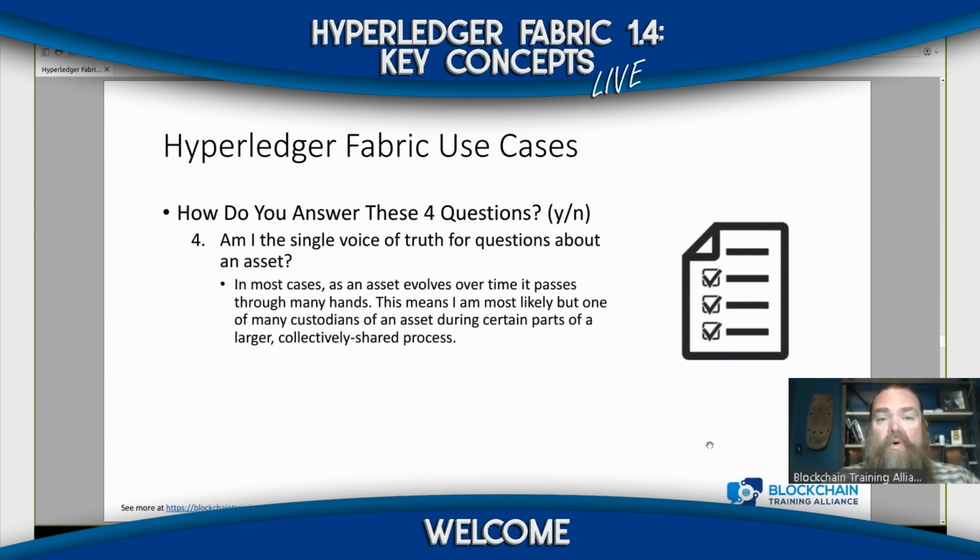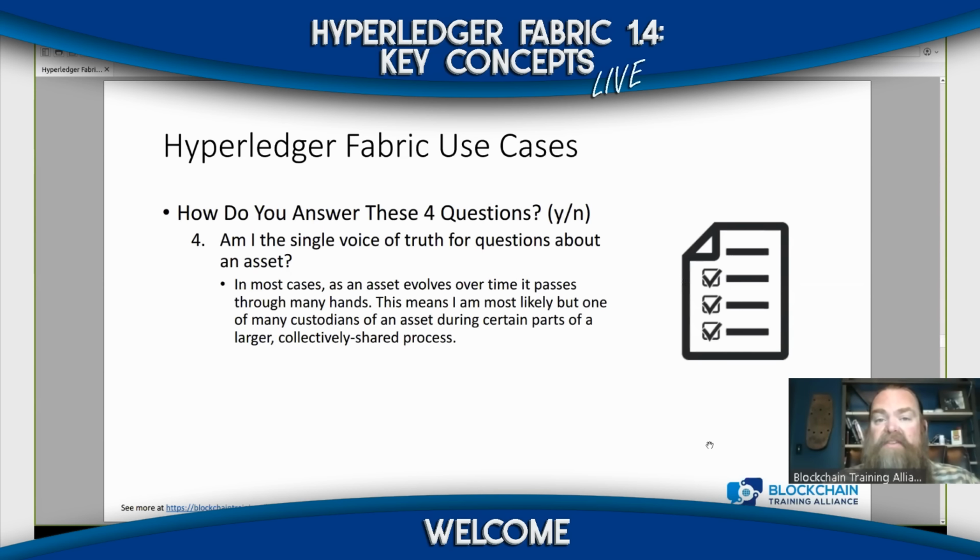So if I had a question about those assets, if I had a question about any one of those electronic devices, who in that business network is the single voice of truth? Well, there really isn't one. If I have a question about those devices while they're being shipped, Charlie is that single voice of truth.